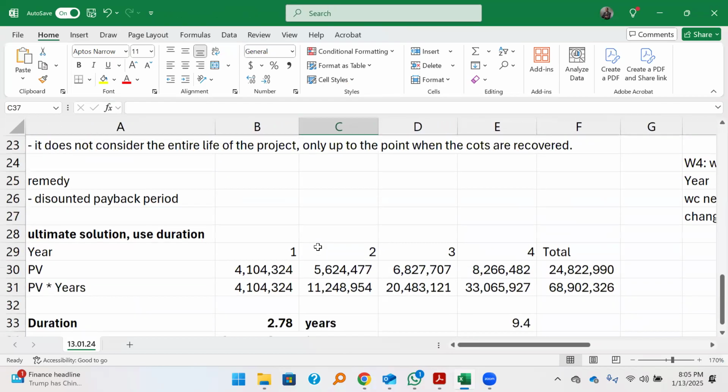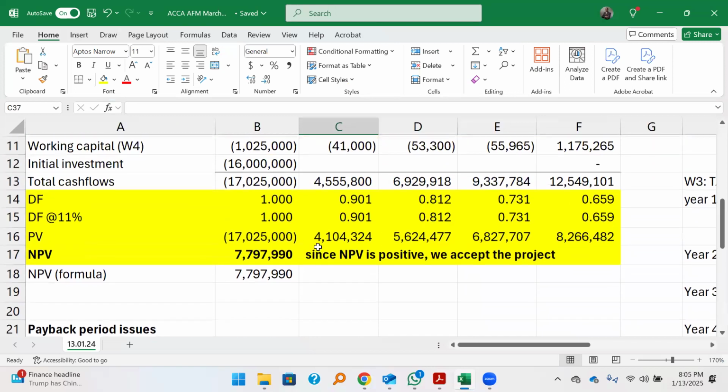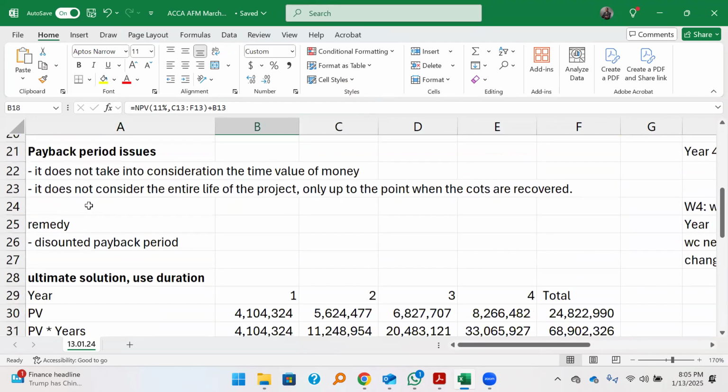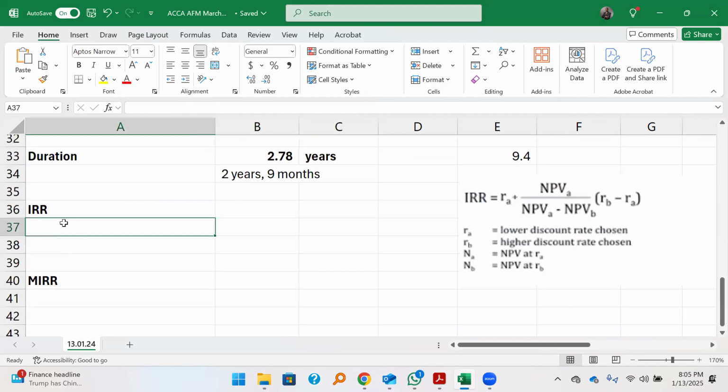So, for example, since this NPV of 11% gives us a positive, it stands to reason that NPV of maybe 15% or even higher might give us a negative. Now, since I have a formula that works very well, the one I just showed you before, I'm going to just do NPV and let me illustrate it at 10%.